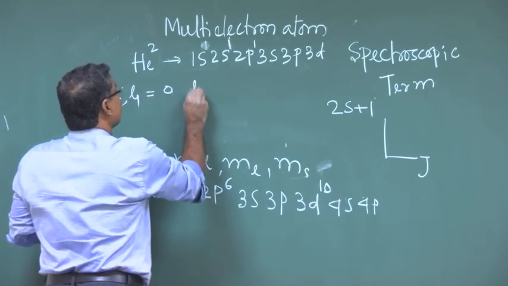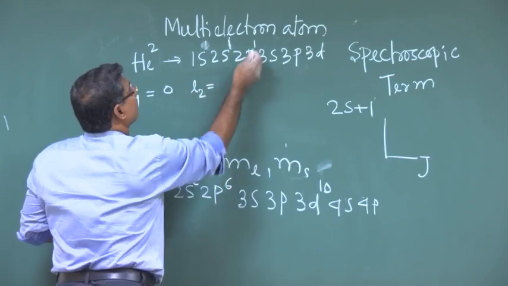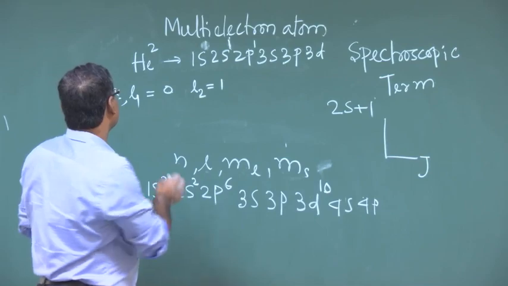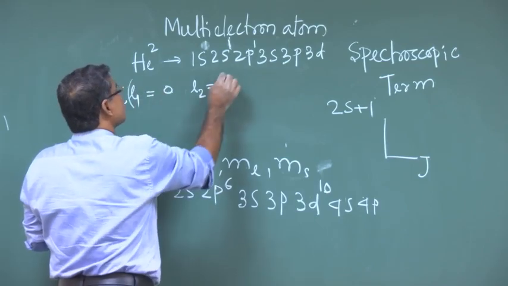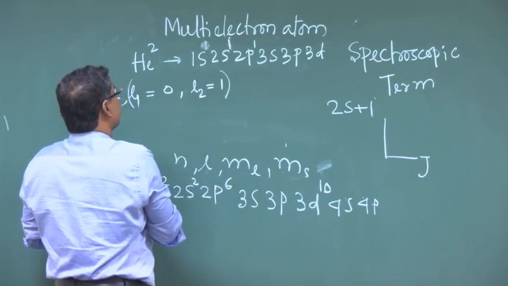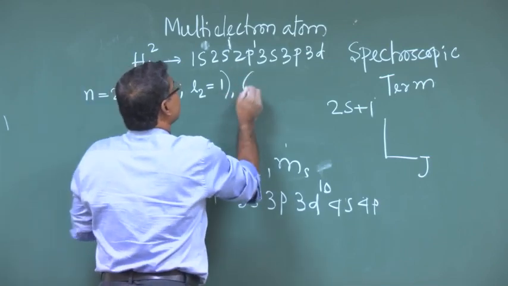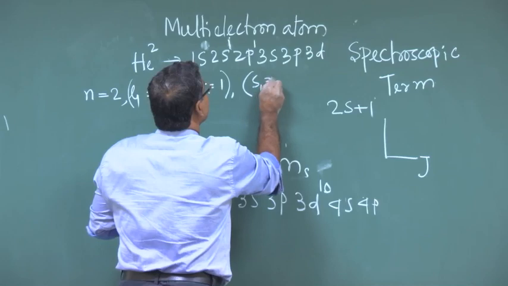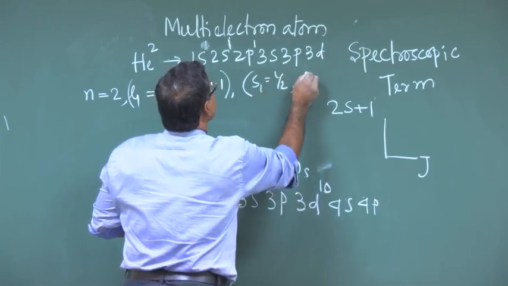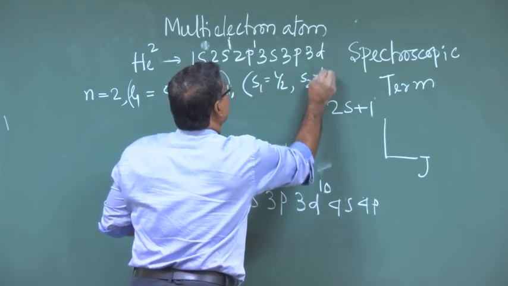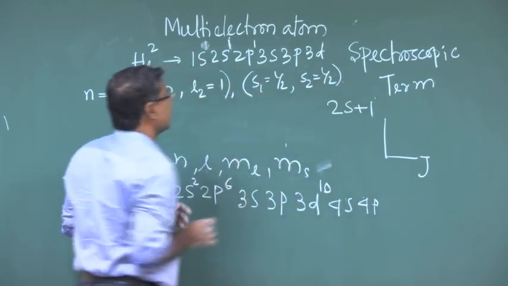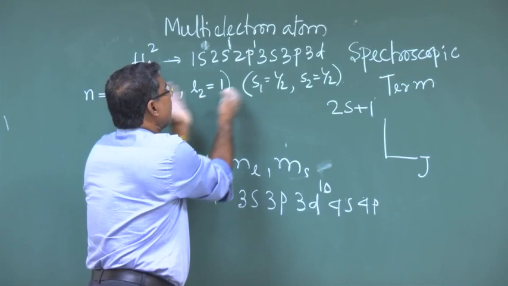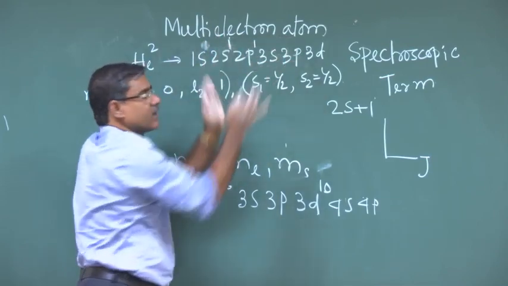L1 equal to 0, L2 equal to 1, and S1 equal to half, S2 equal to half. So I know N, L and S for this configuration.